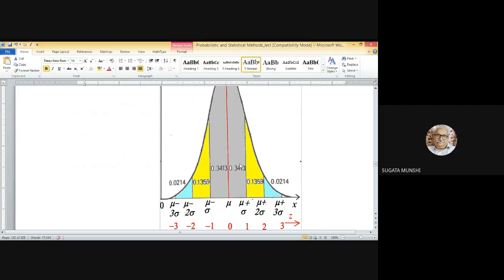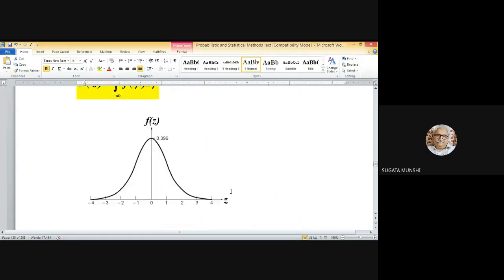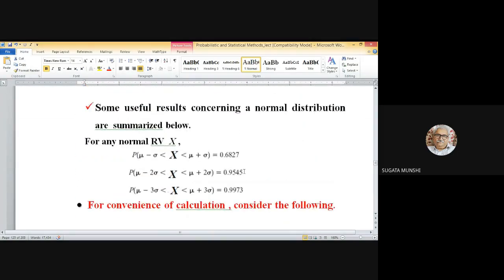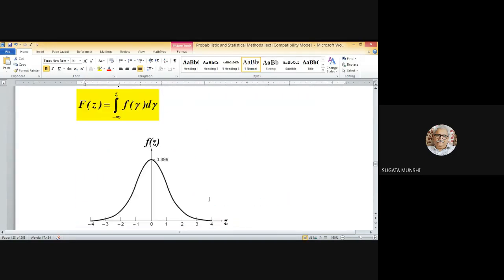Just see here that this gray area, total area under this fx marked in gray. What is that area? 0.6826. Mu minus 2 sigma to mu plus 2 sigma, 0.9545.